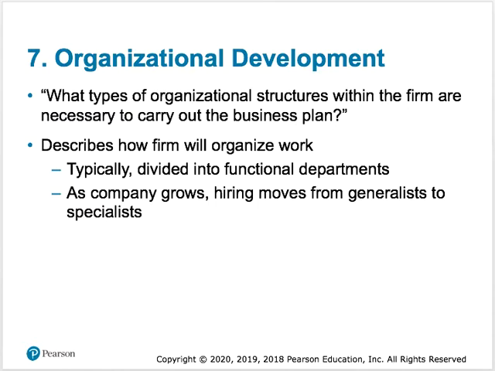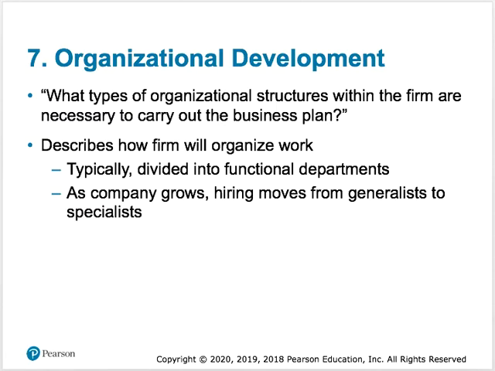For example, for a startup business, work is divided into functional departments such as production, shipping, marketing, customer support, and finance. Jobs within these functional areas are defined, and then recruitment begins for specific job titles and responsibilities.